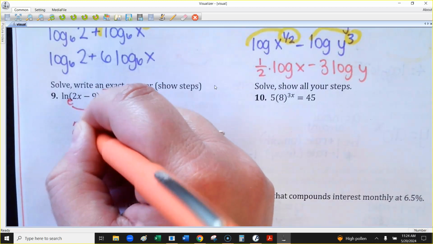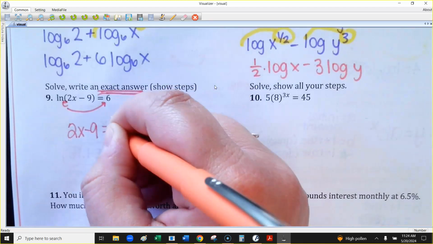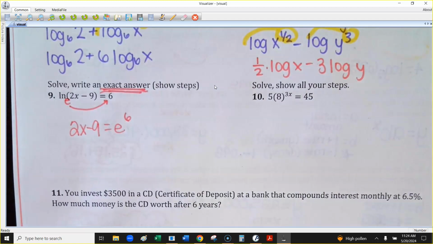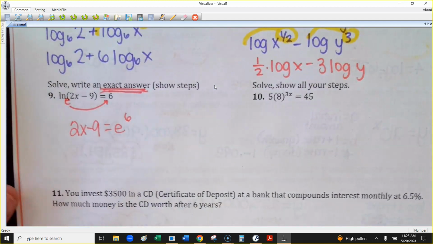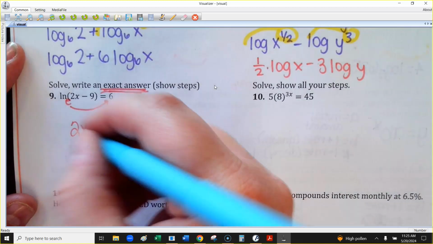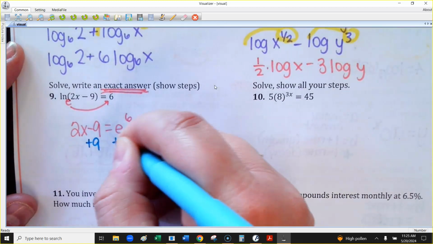You have 2x minus 9. That's going to push that 6 up to being an exponent. We get rid of a log by using an exponential. This is now exponential. Now, after that, what would you do next? We're not going to lunch until we get this. You'd add 9, right?